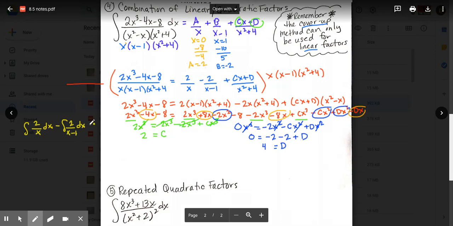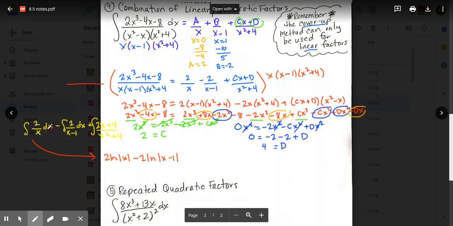And then the last part, plus c is 2x plus d, which is 4, over that denominator, which is x squared plus 4. And now we're going to integrate each one separately. This first one here becomes 2 ln absolute value of x minus the second one is 2 ln the absolute value of x minus 1.